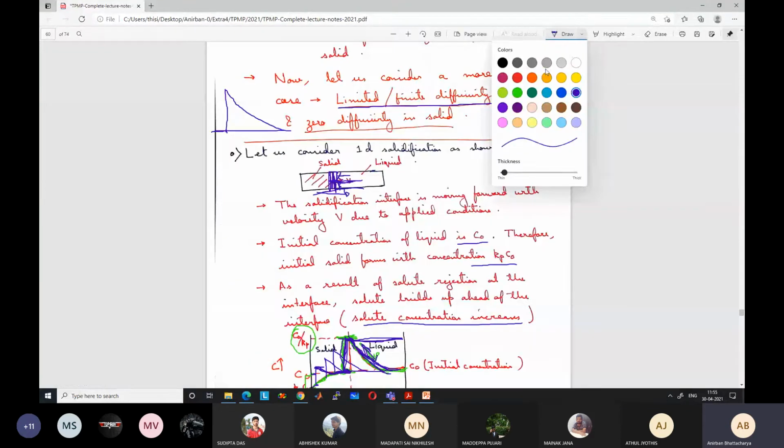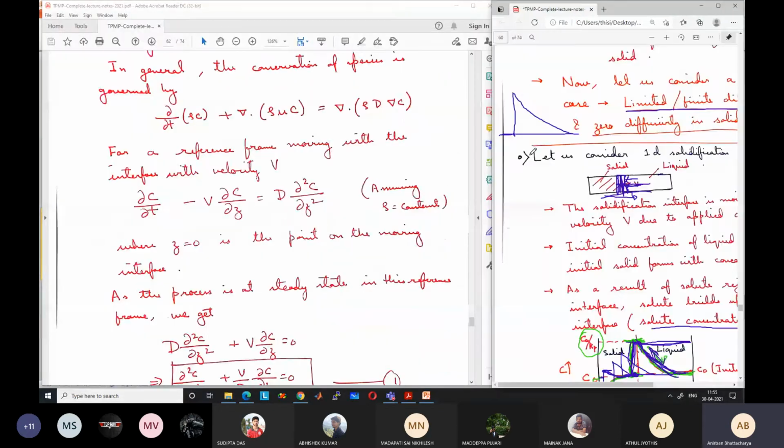From your moving reference point, the solidification interface is fixed, and on the right hand side always the concentration looks like this, and on the left hand side always it looks like this. But in real life, what is happening? The concentration gradient was like this at one instant of time. At another instant of time, the concentration gradient is like this.